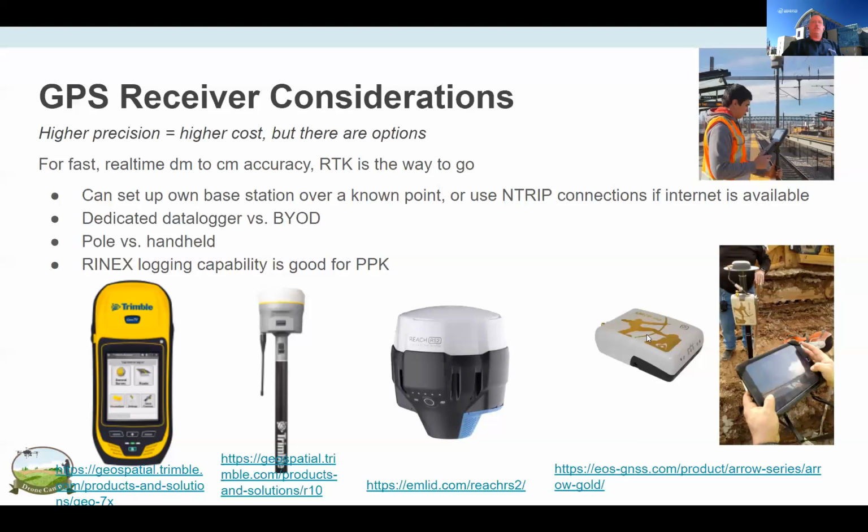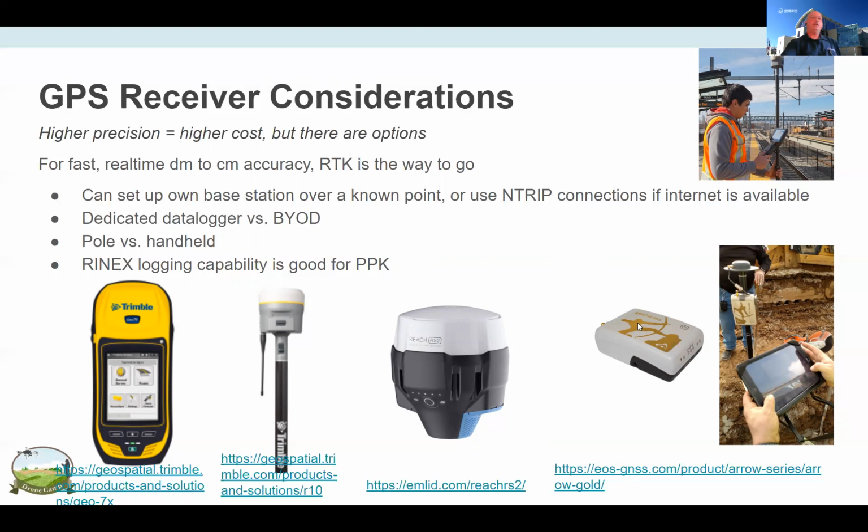So either we're going to have two receivers, one which we put over a known point and broadcast our corrections to our roving receiver, or we're going to get corrections from somewhere on the internet, from a nearby base station, to do our real-time corrections.